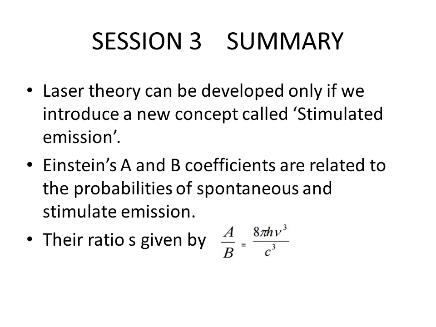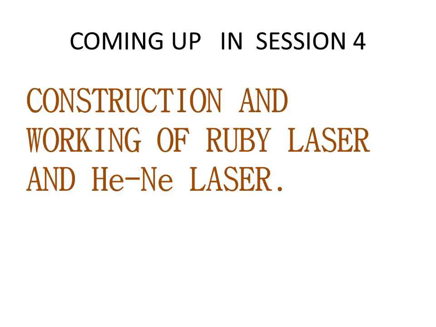Einstein's A and B coefficients are related to the probabilities of spontaneous and stimulated emission, and their ratio is given by A by B equal to 8 pi h nu cube by c cube. Coming up in session 4, we will learn how to construct two different lasers, the ruby laser and the helium neon laser.